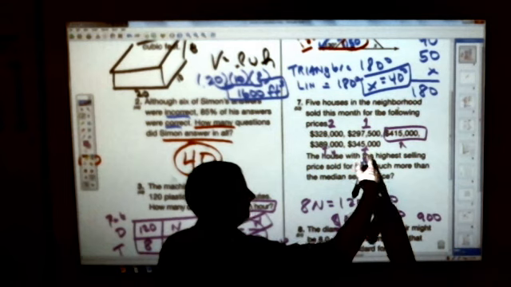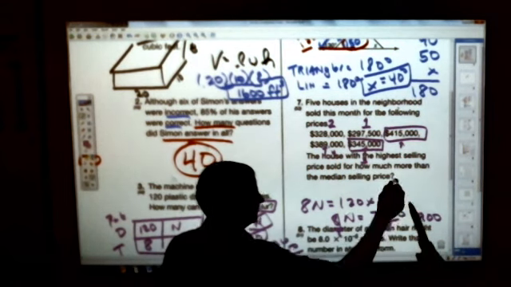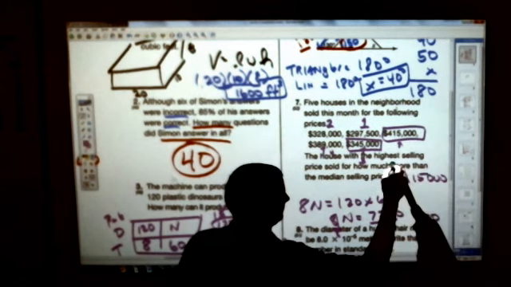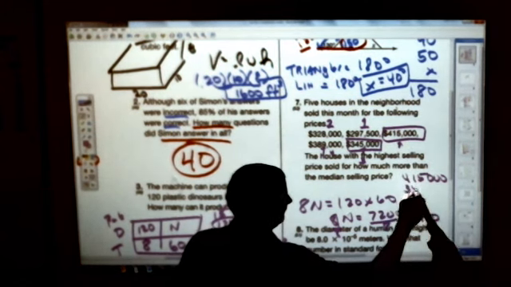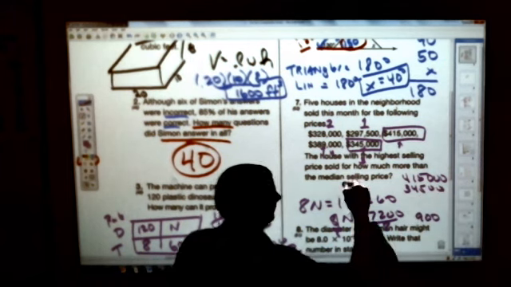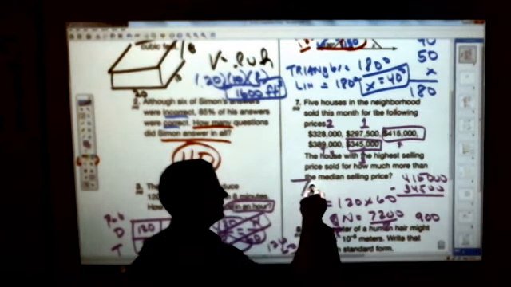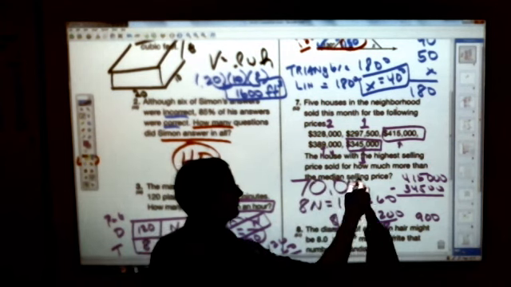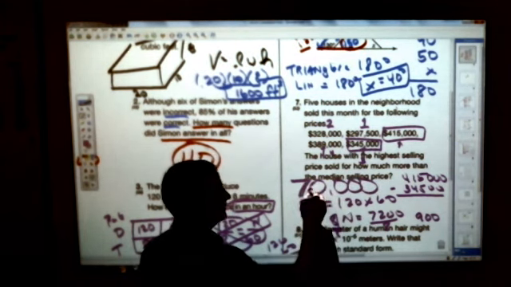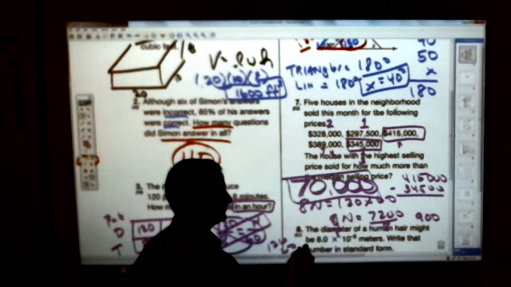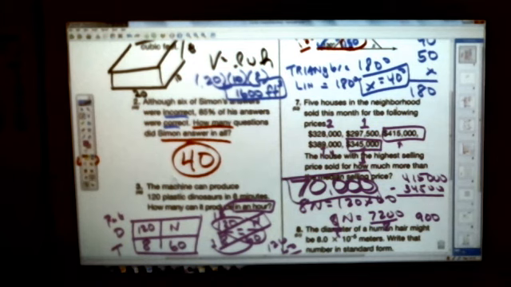So the third number out of 5 is the middle. So you need to take 415,000 and subtract 345,000 because they want how much bigger that one is, which gives you a whopping 70,000. Does that help, Ethan? So note to self, find the median, which would have been a lot faster than finding the average.